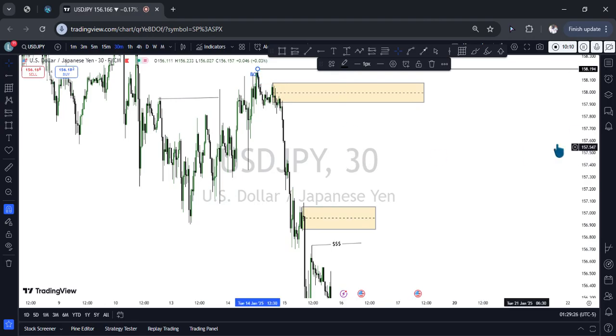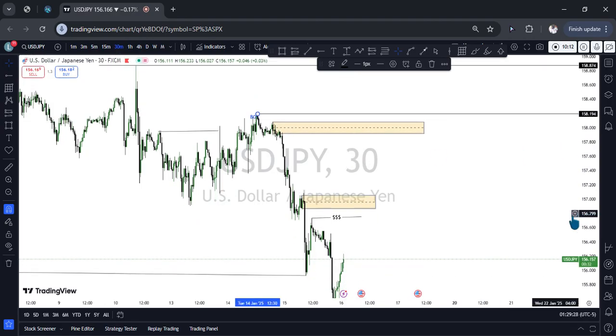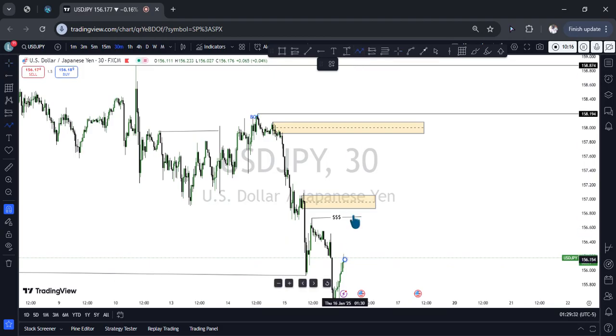So in order for the market to come to this area, the market might now form a series, take this supply zone, and now look for something like this. Maybe it would have created a demand around this area.